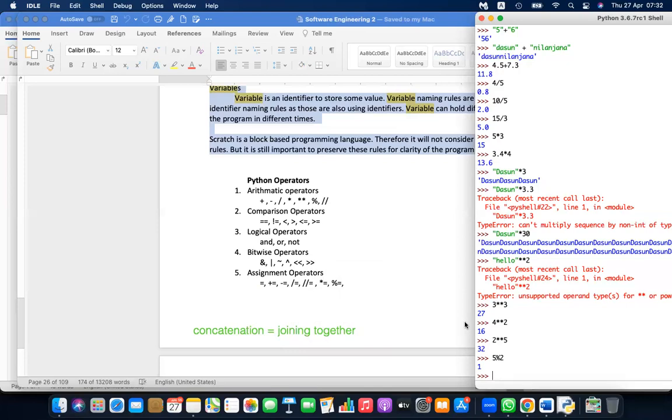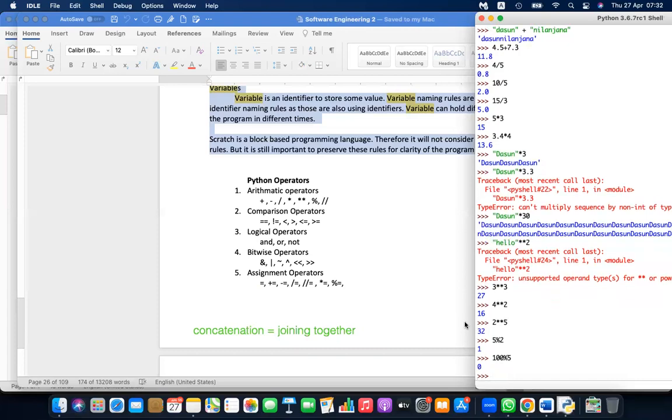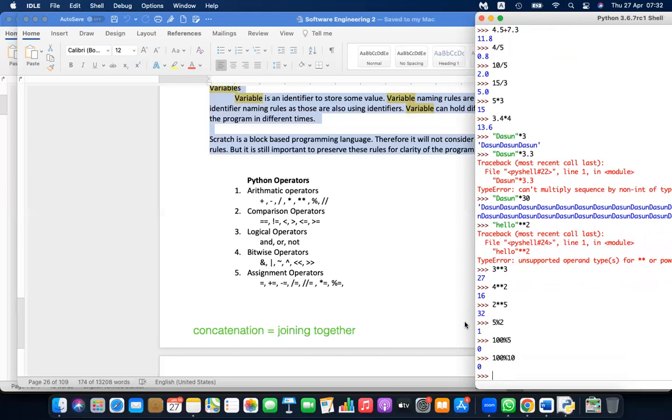Is it? Okay. 100, 5. So 0%. Is it correct? Okay. 100, 10. 100, 100.